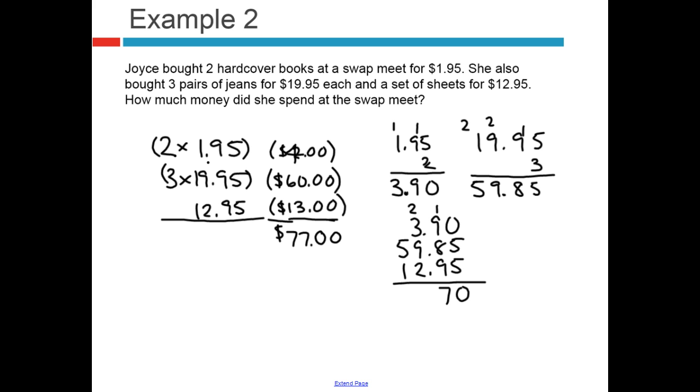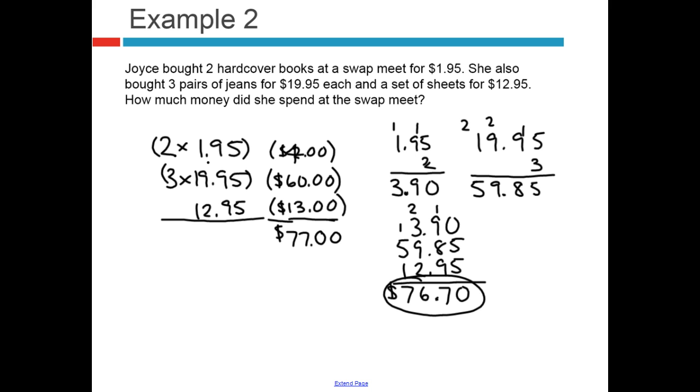We'll have 11, 12, 9 plus 2 is 11, plus 3 is 14, plus 2 is 16, and then we'll have 7. So we'll have $76.70, and that's the exact amount she would pay. And that's very close to the $77. So I know that I did this right by checking my work along the way.